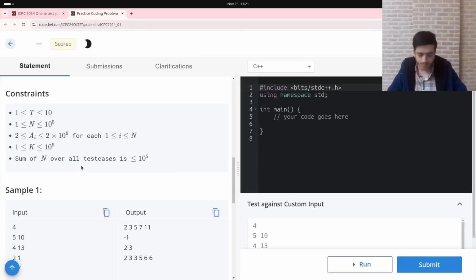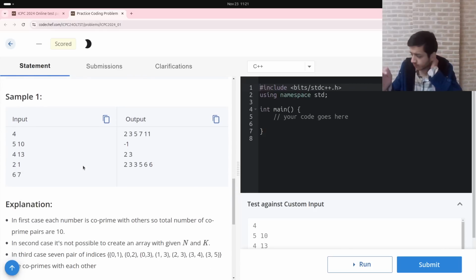We go find the largest s such that s squared is less than or equal to k. We go make s numbers which are pairwise coprime, and then we go to the next group, but it doesn't work, because what can we do with the next group?